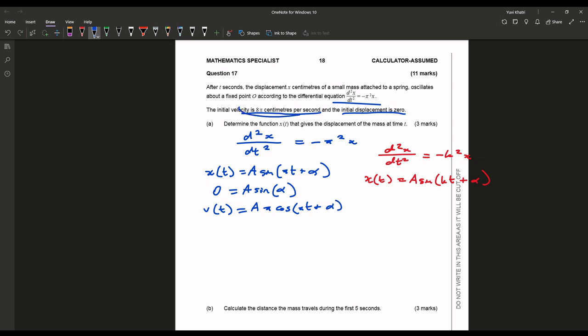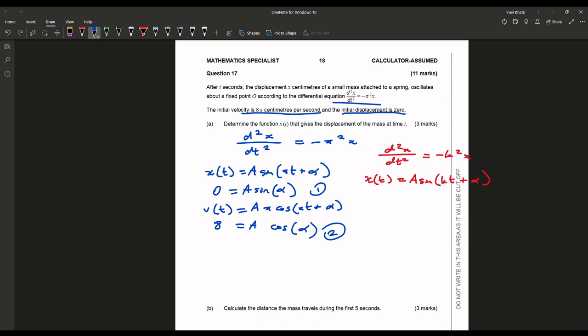And it says here that the initial velocity is 8π. So let's just sub that in. We put t equals 0 into here, this disappears, and we get alpha here. Now, just cancelling these π's, we get 8 equals A cosine alpha. Now, this is our first equation, and this is our second.